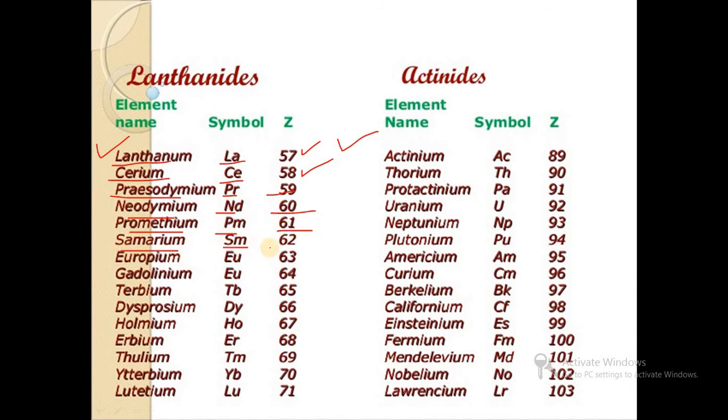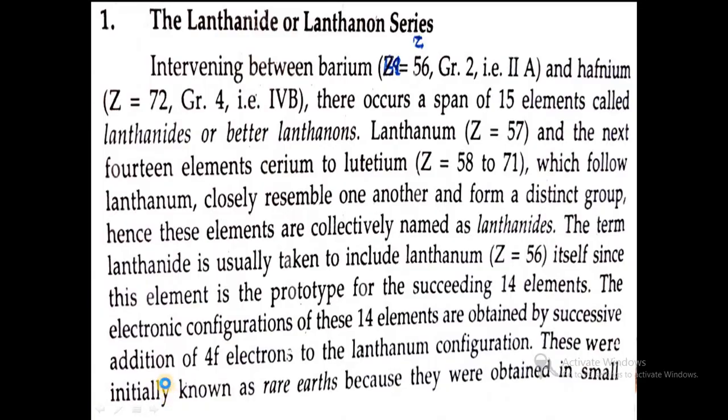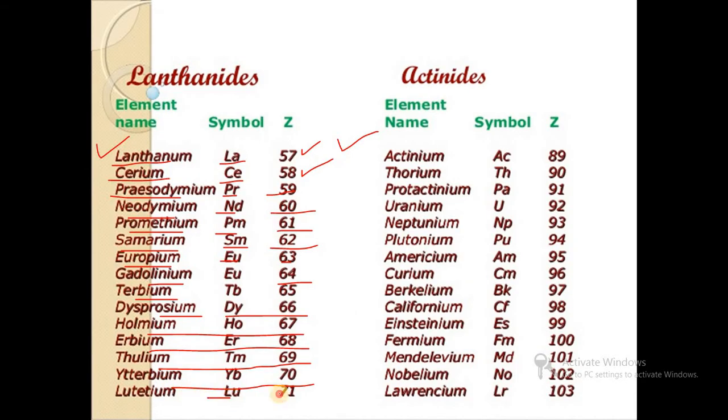Samarium, Sm, 62. Europium, Eu, 63. Gadolinium, Gd, 64. Terbium, Tb, 65. Dysprosium, Dy, 66. Holmium, Ho, 67. Erbium, Er, 68. Thulium, Tm, 69. Ytterbium, Yb, 70, and the last one lutetium, Lu, 71.